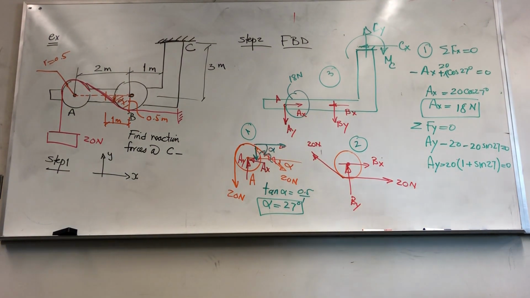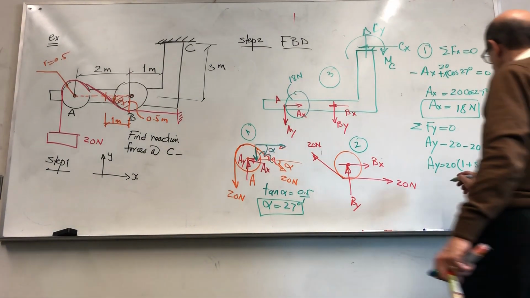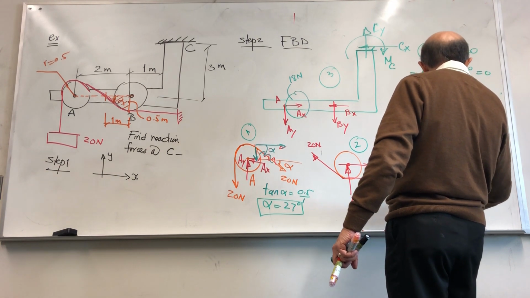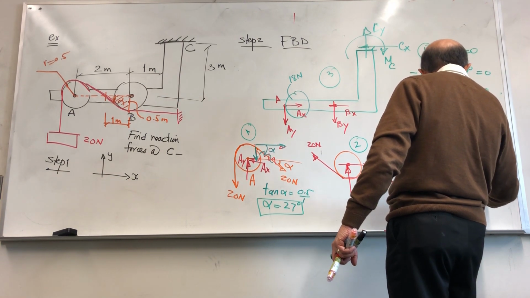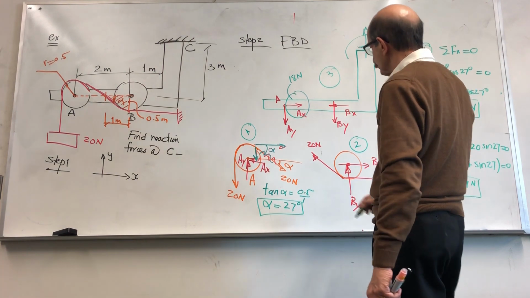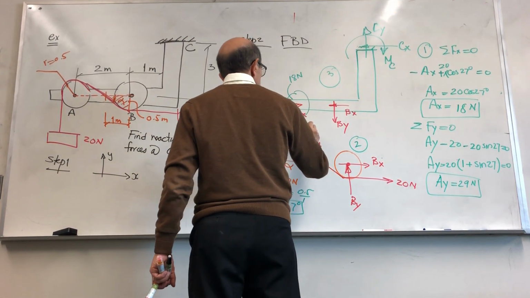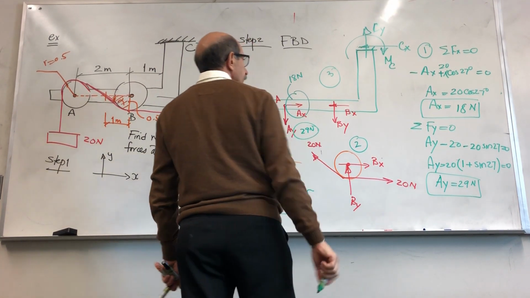So it would be 1.5 times, almost 30, right? Or how much? 29, great. So Ay would be 29 Newton. Again, the assumed direction is correct. So this is 29 Newton.